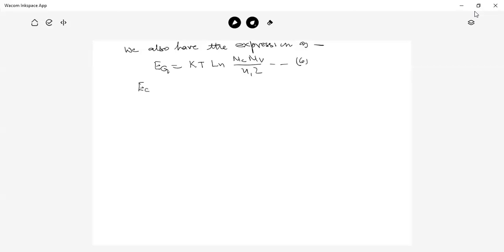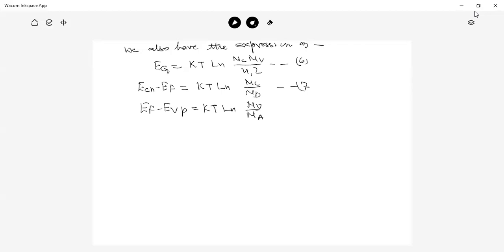ECN minus EF is equal to KT ln NC by ND, and EF minus EVP is equal to KT ln NV upon NA.